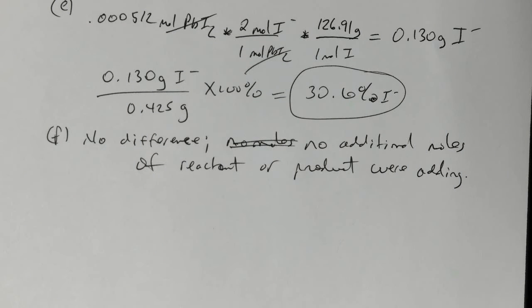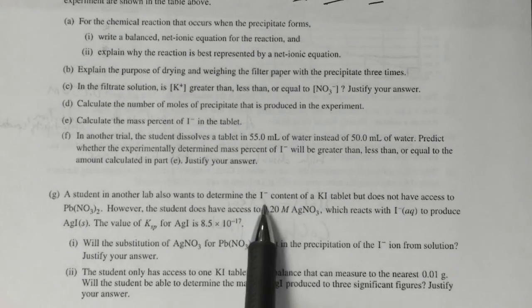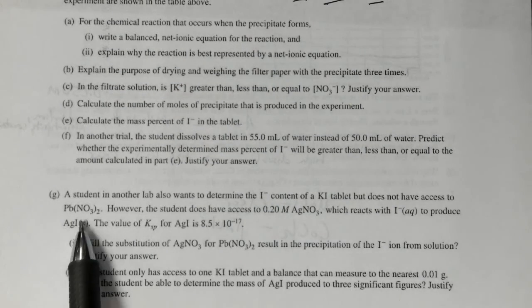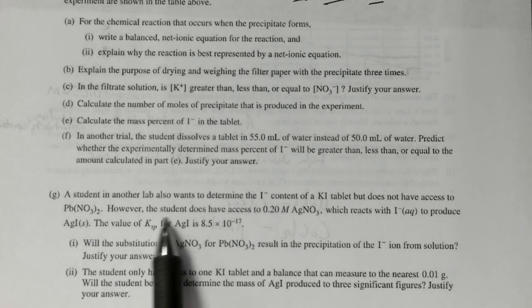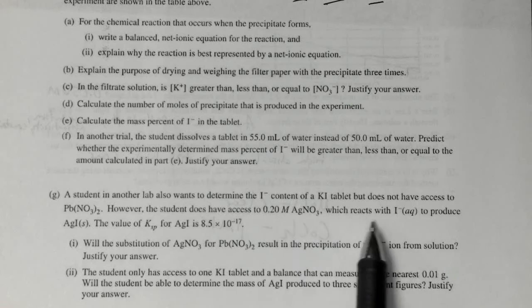All right, part G is a KSP problem. So let's just flip over and see how gravimetric analysis can relate to KSP. We've got a student in another lab who wants to determine the iodide content, the KI, but does not have access to the lead-2 nitrate. But the student does have access to silver nitrate. Notice it's the same molarity.